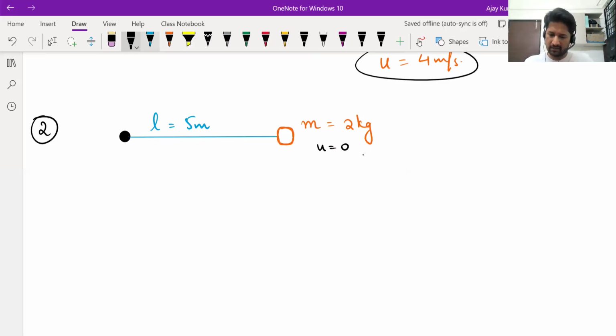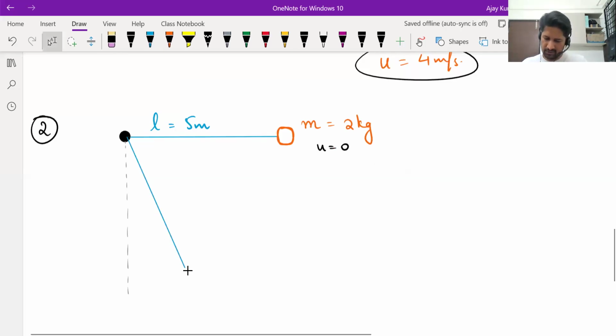Now at some instant, the string will make an angle of, let's say 53 degrees with the vertical, or shall we take 37? We'll take 37. At some instant, it will come to this position.